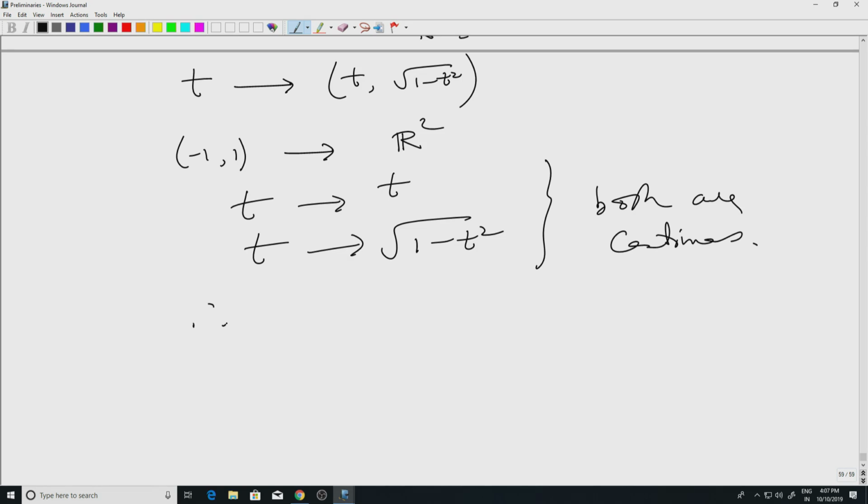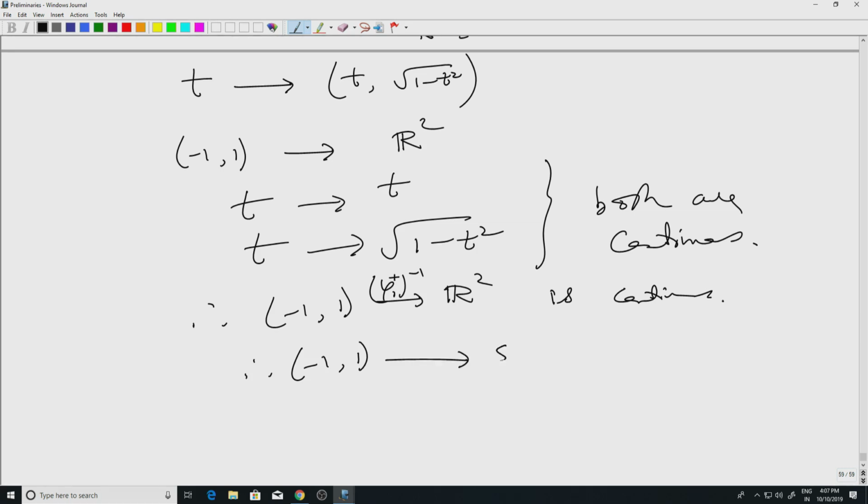Therefore, Phi1 plus inverse is continuous. And because of subspace topology and so on, if I regard it as a map into S1, this is continuous as well.